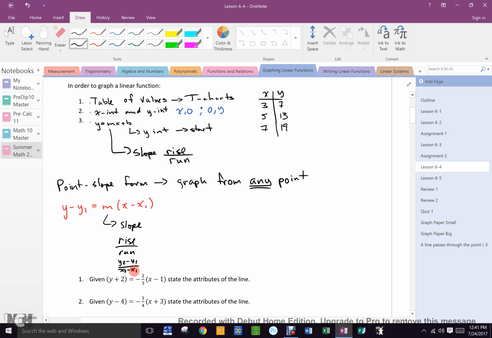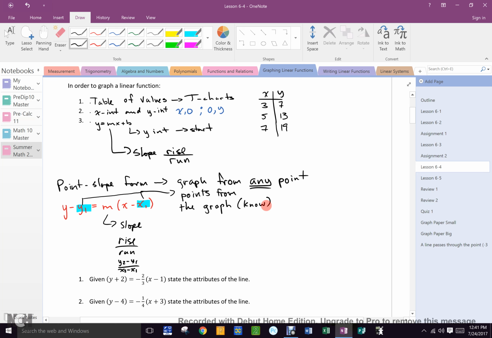Now here's where it gets crazy. y1 and x1 are the points from the graph. Okay? These are the points that we know. Everybody cool?